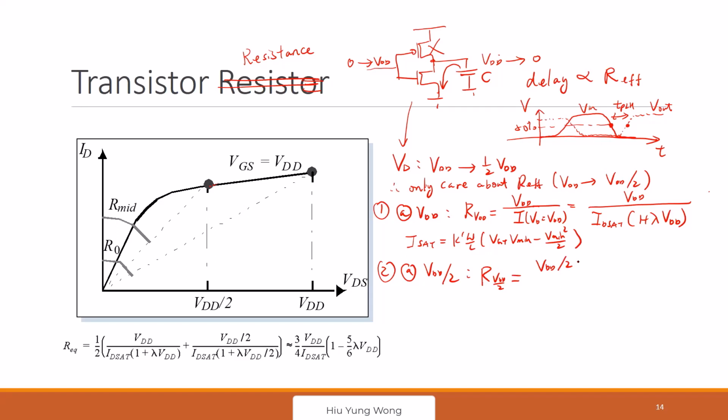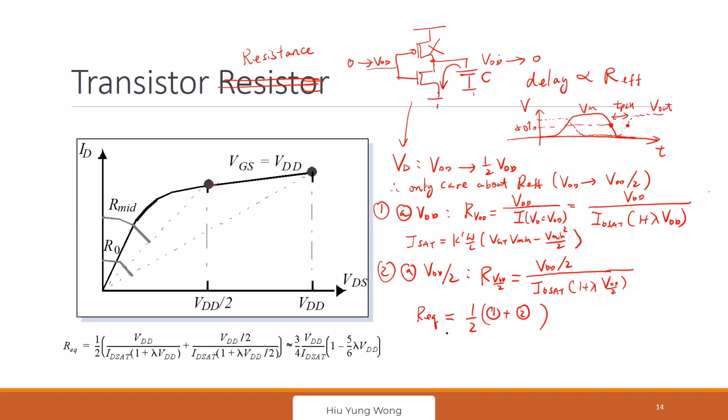Because the voltage across the source and drain is VDD divided by 2, divided by I saturation, 1 plus lambda, but this time it is VDD divided by 2. Okay. And then the equivalent resistance, because it's pretty linear, as you can see in the graph, is just half of 1 plus 2. Okay. And we are not going to do the math.